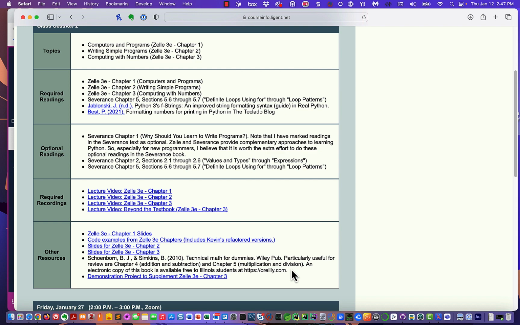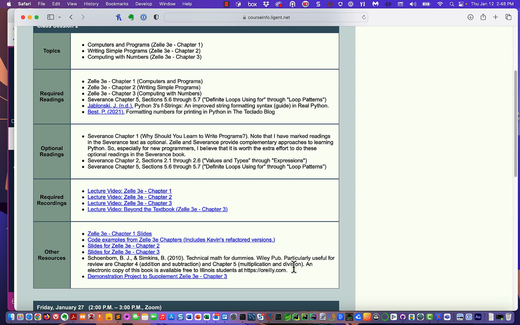We're not doing any fancy math, but this time I'm recommending that you take a look at a book that's available to all of us. We're all entitled here at the university to a free subscription to O'Reilly.com. And it's really a terrific thing. There's lots of books there. One book that I found that covers this pretty well is called Technical Math for Dummies.